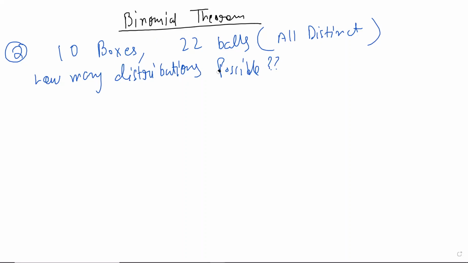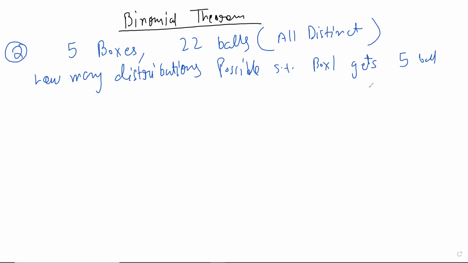But I'll just discuss one variation of this, which will be useful to know. And it's a good combinatorial counting question in its own right. So distributions possible such that, just for my own convenience, I'll reduce this number, such that box 1 gets, you can do anything, five balls.